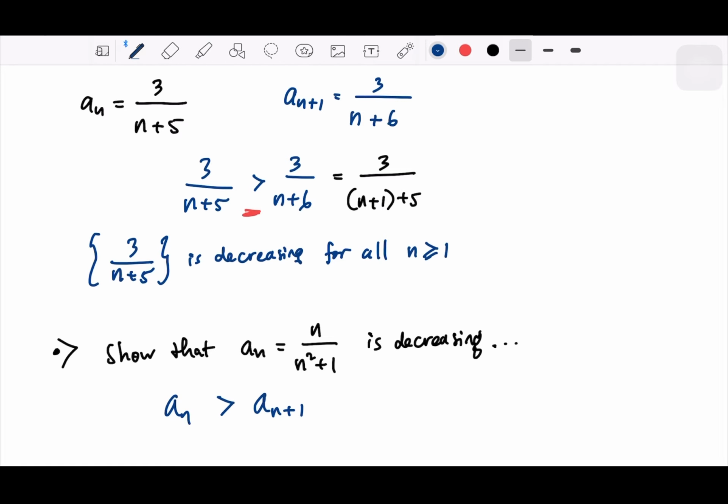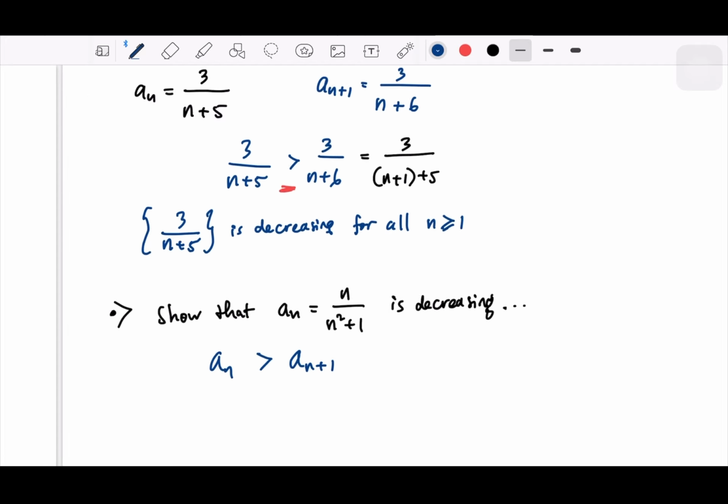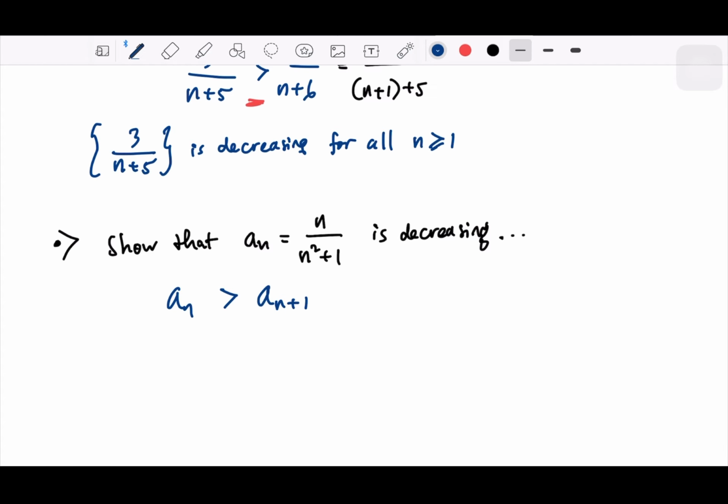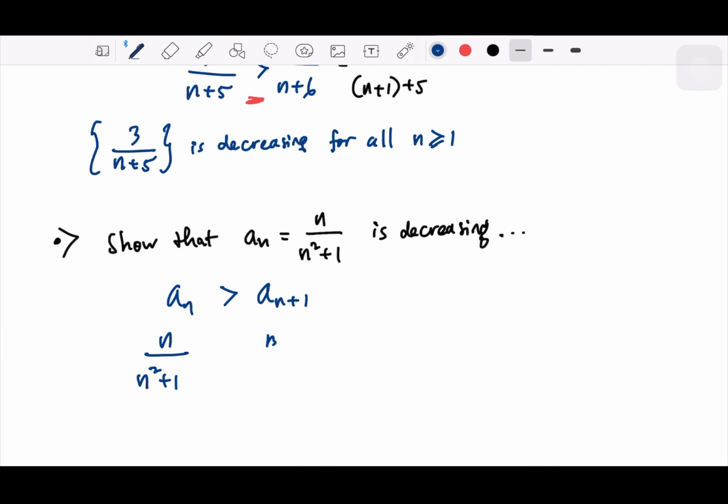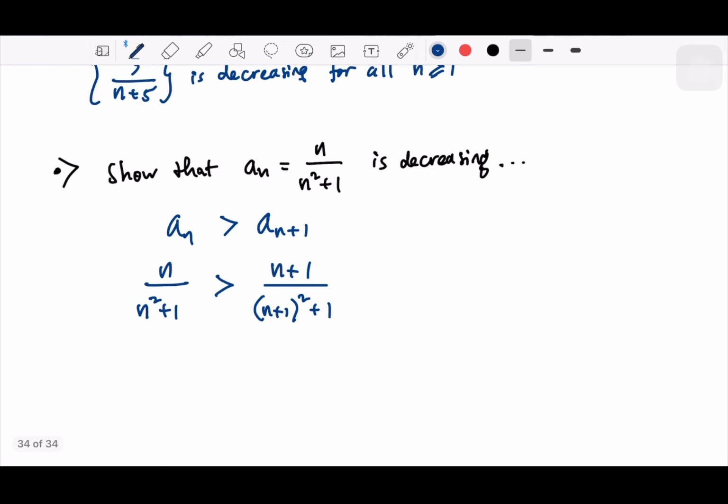So we are going to make a comparison, and exchange all n to become n plus 1. And we need to show that this is true. So we need to solve and prove that our comparison is true.